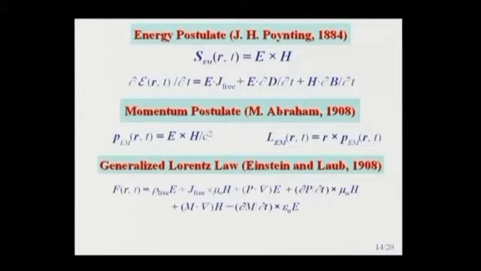And this is the formula. And it turns out that this formula is consistent with the conservation laws. If you use this formula instead of the Lorentz law, momentum will be conserved, angular momentum will be conserved, energy is already conserved because of the Poynting theorem, and so everything will be fine.